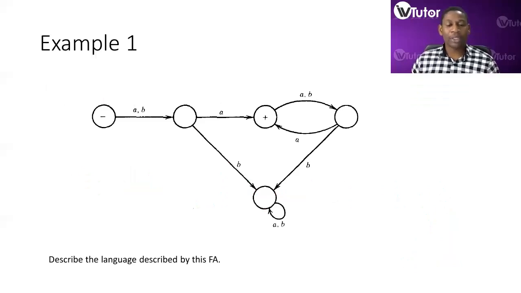Right, describe the language described by this FA. Now you're given a finite automata, you want to know which language is described. So here it says you can have A or B, and then at this point of juncture, you can have A, right, and then you can go into this loop.